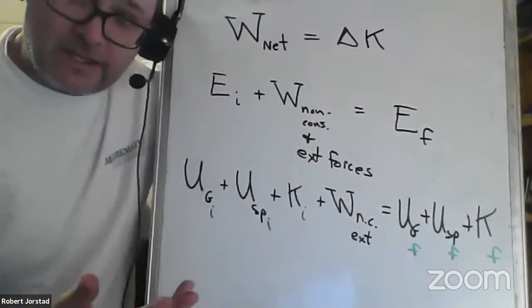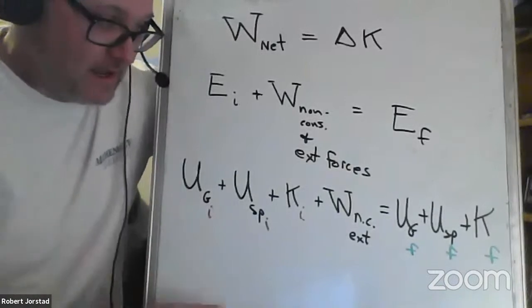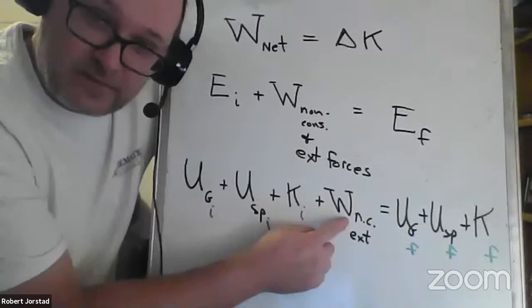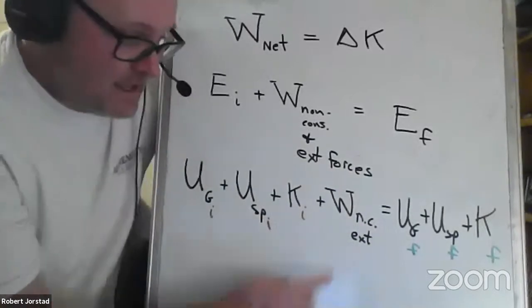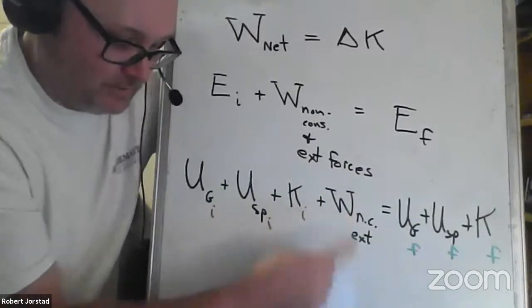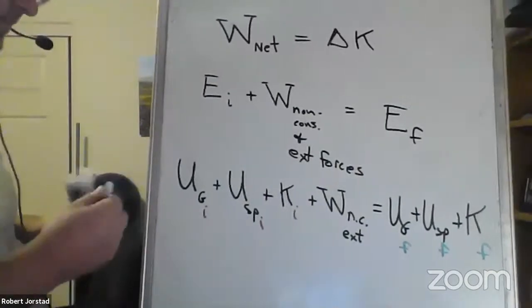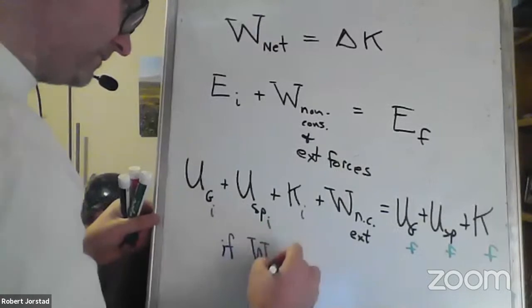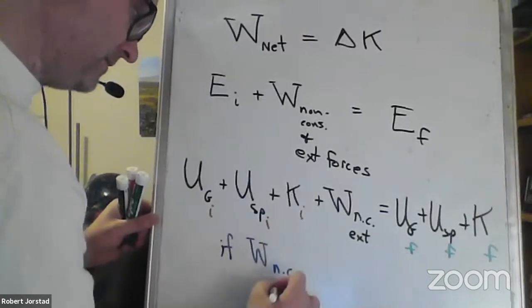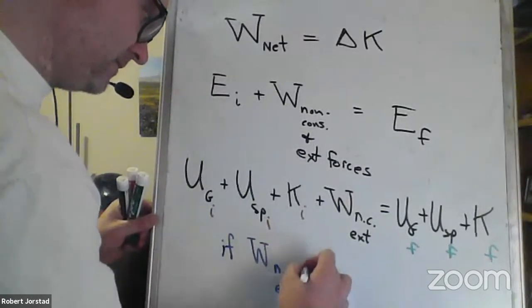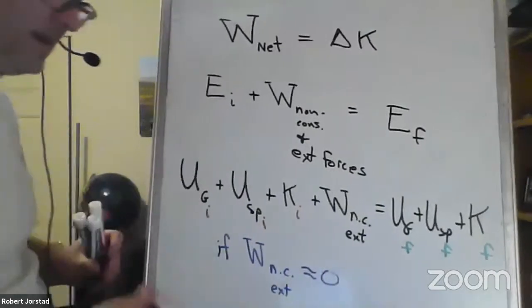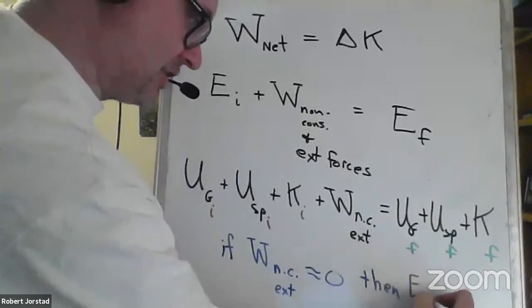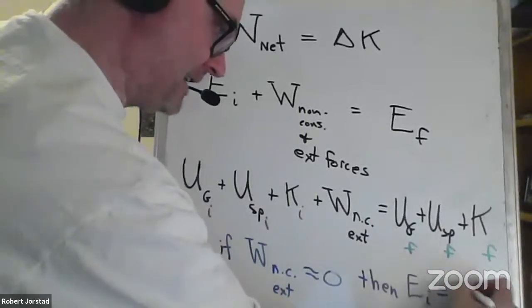And what we do is, in many problems, the external forces are negligible, or the non-conservative forces are negligible. If this term is negligible, so that's a big if, then what we say is E initial equals E final.